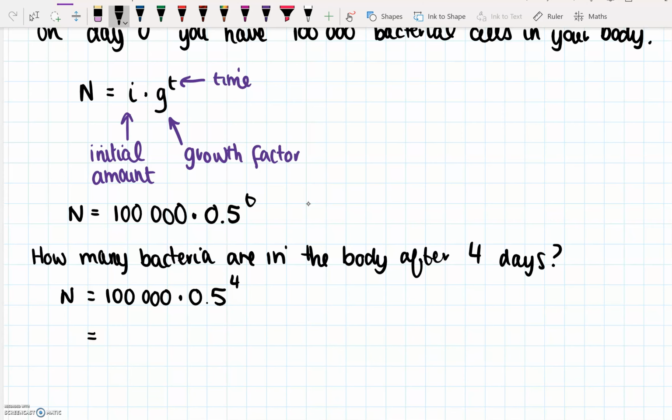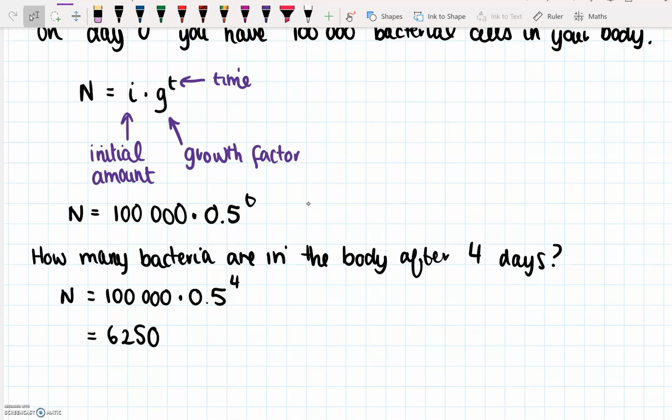If I calculate that on my calculator, 100,000 times 0.5 to the power of 4, you can do this using your calculator, and I get 6,250.